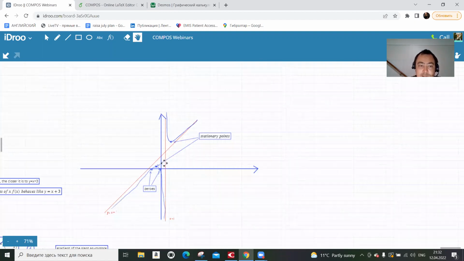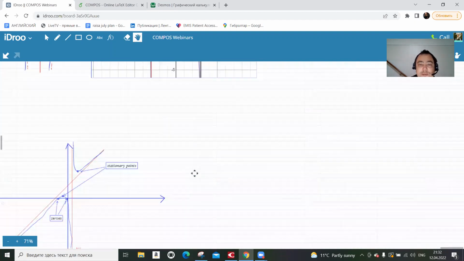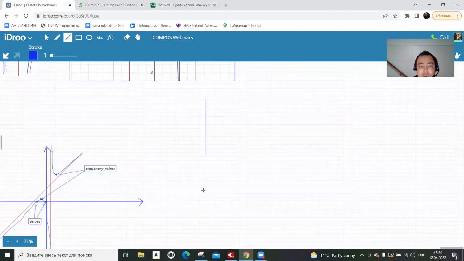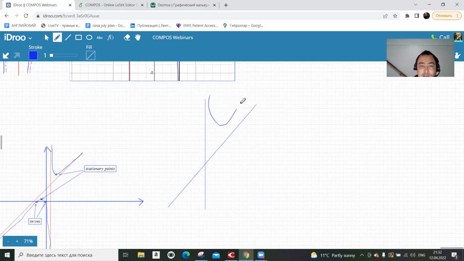But once you've found the slant asymptotes, you kind of always draw in between them. So there are two possibilities. If you have two asymptotes, either the function goes like this, or the function goes like this.